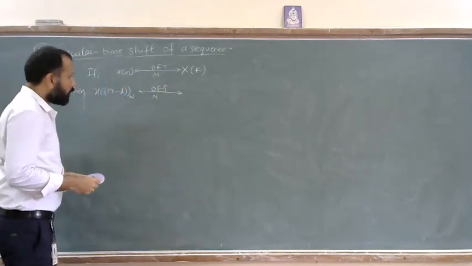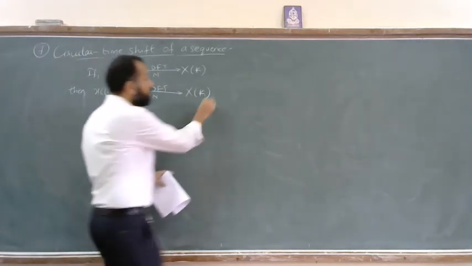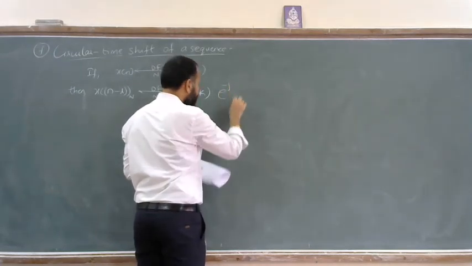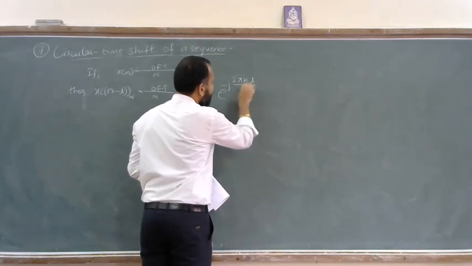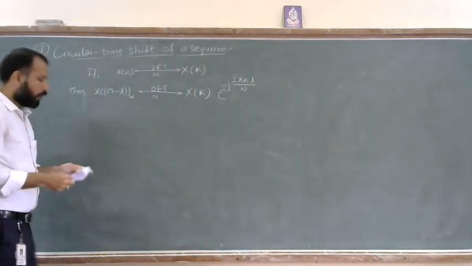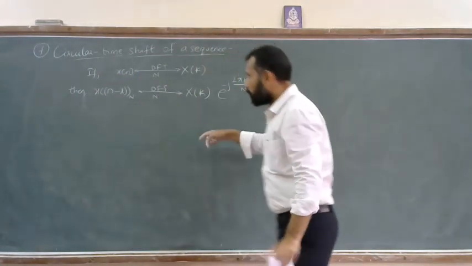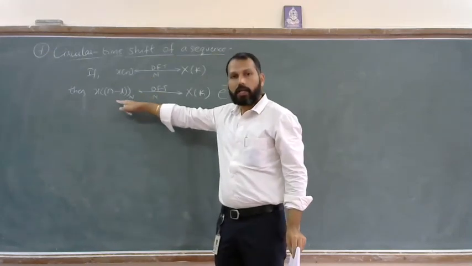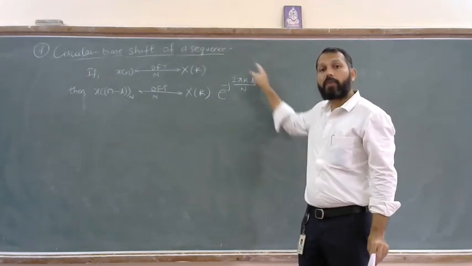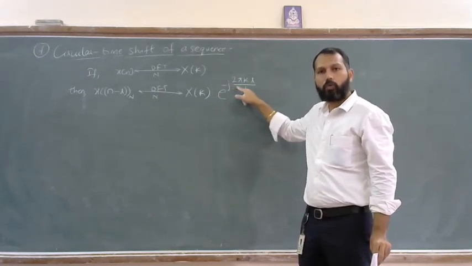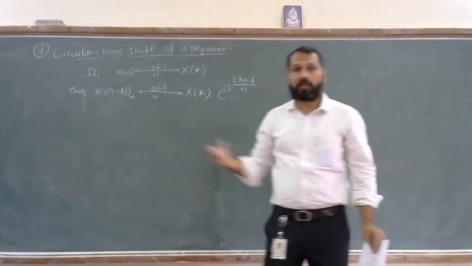According to the property, the DFT X of k will be multiplied by a complex exponential e to the power minus j 2 pi k l divided by N, where l represents the shift by which the sequence is shifted on the circle.